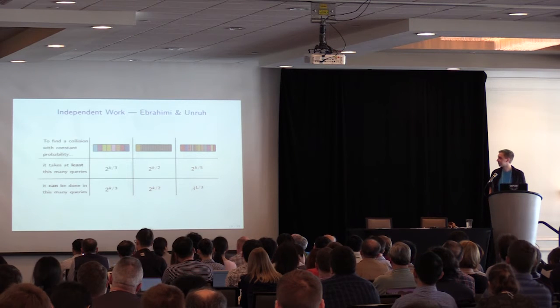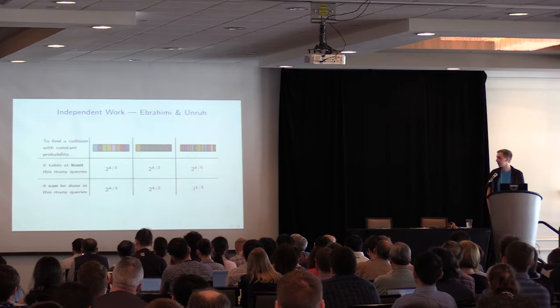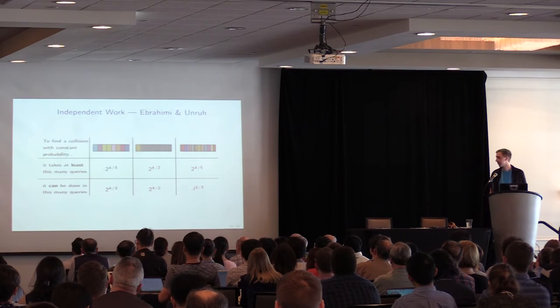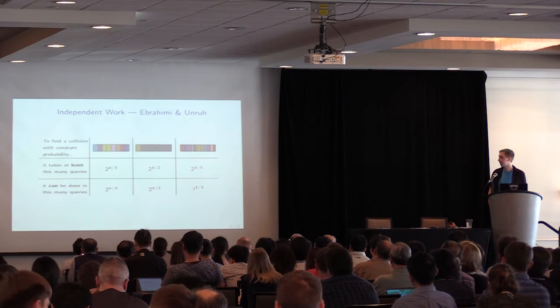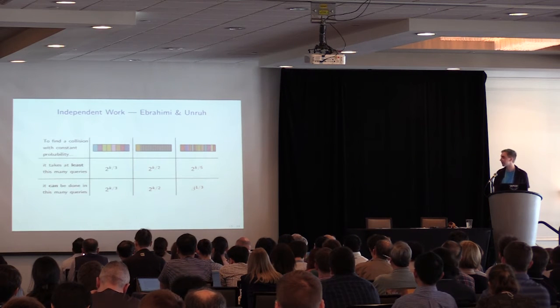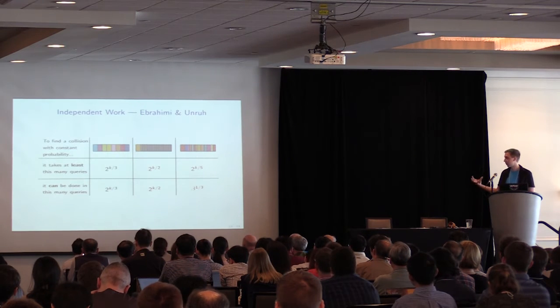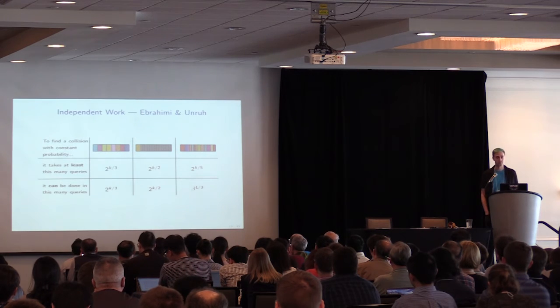Ebrahimi and Unruh found that, for example, for the delta distribution, it takes at least 2 to the k over 2 queries. It can be done in 2 to the k over 2 queries. And then they updated that 2 to the k over 9 for generic min entropy k distributions to 2 to the k over 5. They also analyzed how long it takes generic min entropy k distributions to find a collision in them.